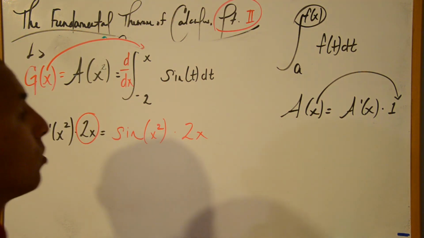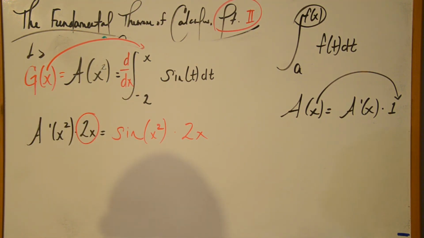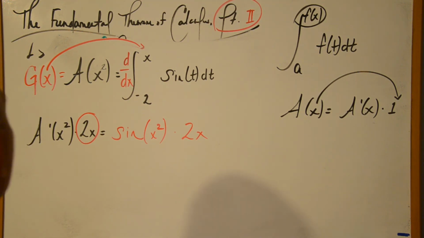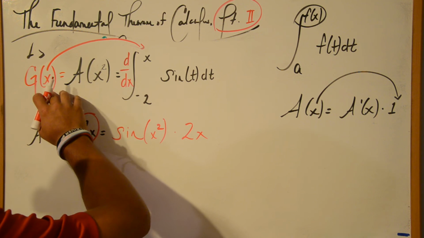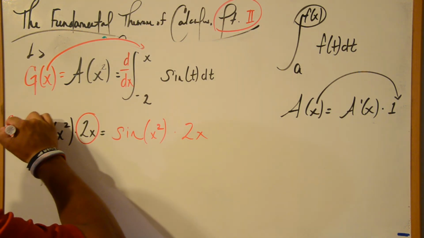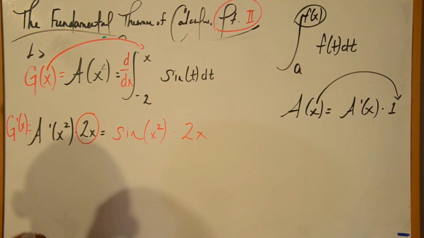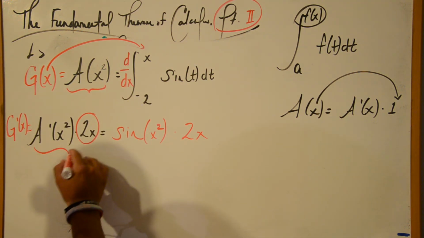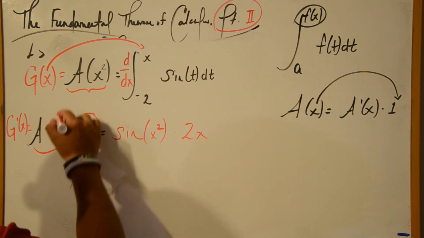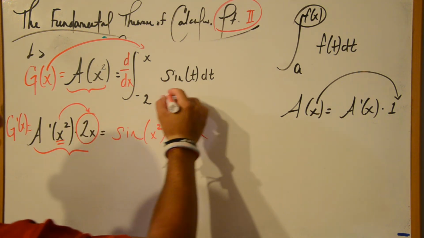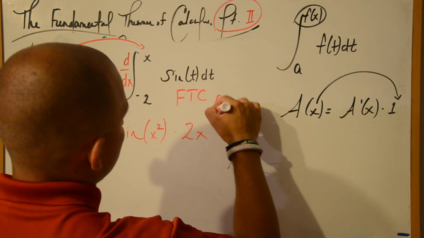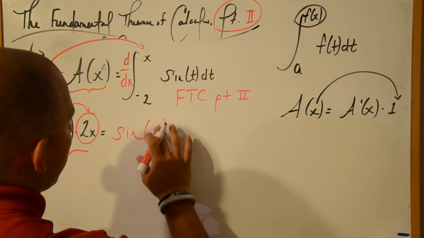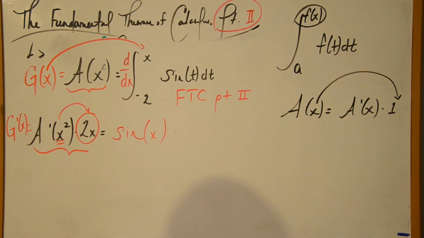The method in which I just demonstrated is more of an experienced route. But if we're tasked with deriving, we take the derivative of g, which is g prime of x, right? And so we derive that, as I said before. We must remember to derive the inner function, right? And then this piece now falls under the fundamental theorem of calculus part 2 and leaves us with this, right?